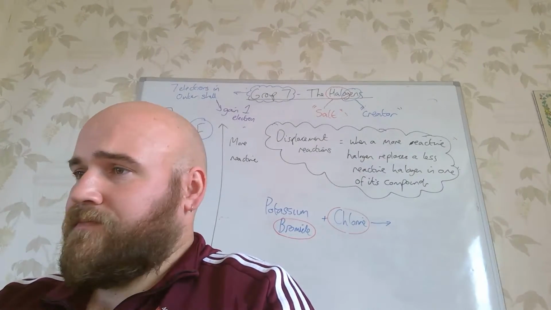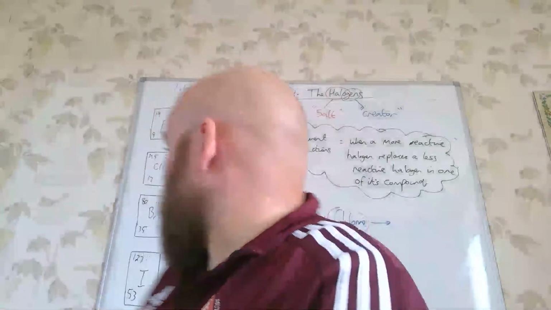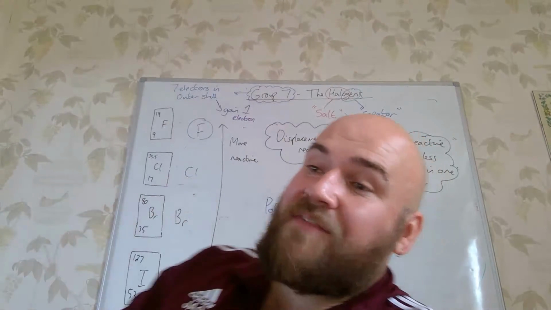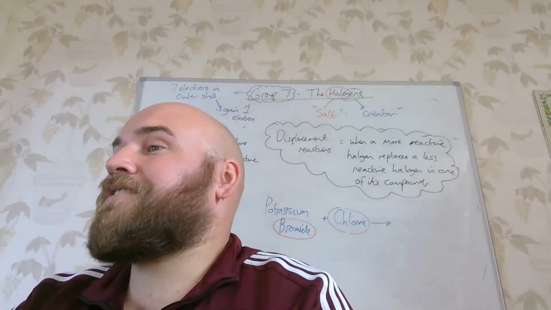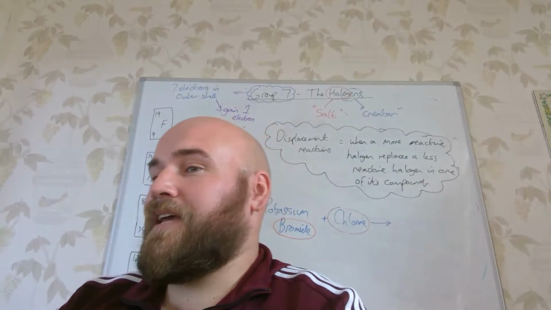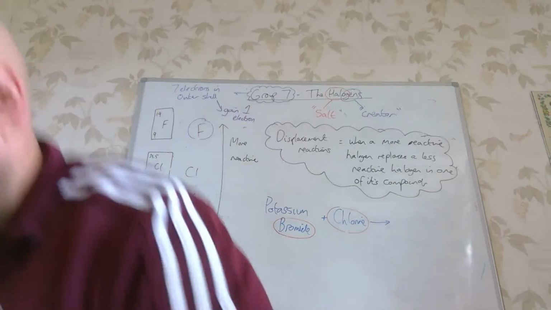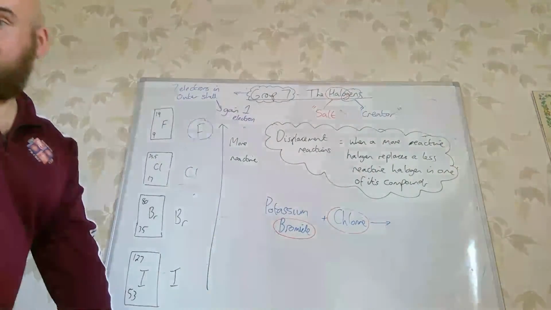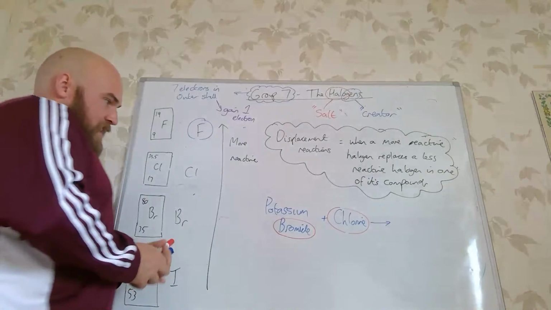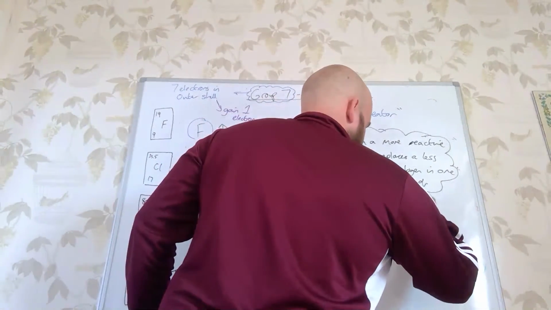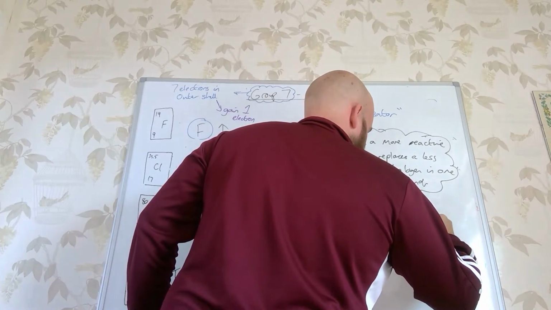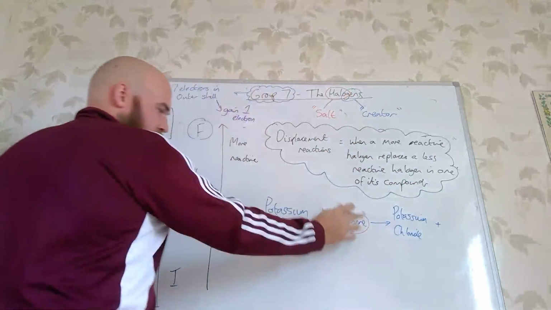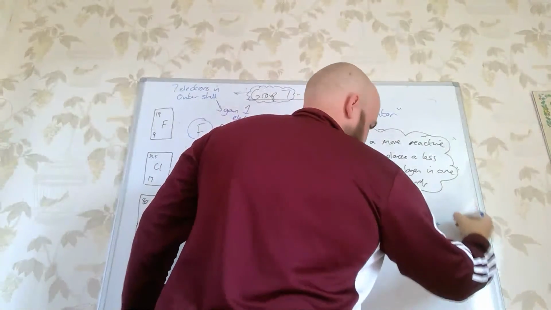So any answers? Do you think that reaction will happen? And if so, what will it form? Niall, congratulations. That is absolutely spot on. So he's put that it will form potassium chloride and bromine.